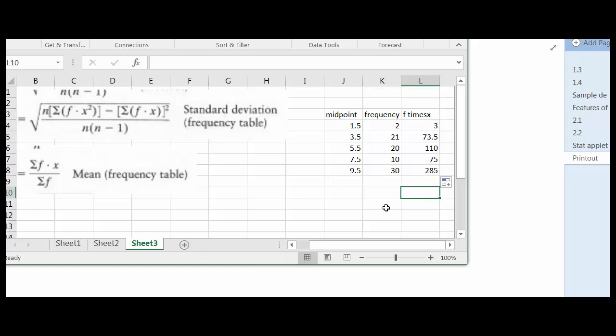And then I need to sum this. So sum of f times x, so equals sum, and then just highlight all of those numbers, and then hit enter. And then, according to my formula, I need to sum up the frequencies. So sum of f.